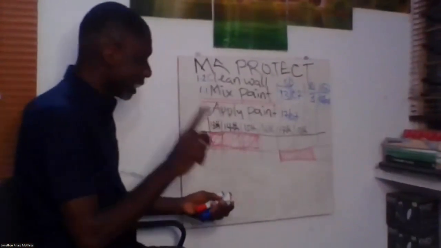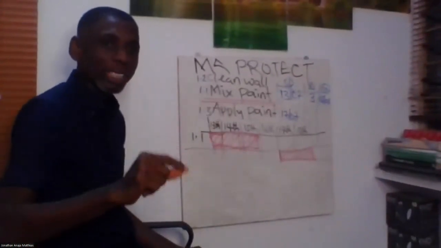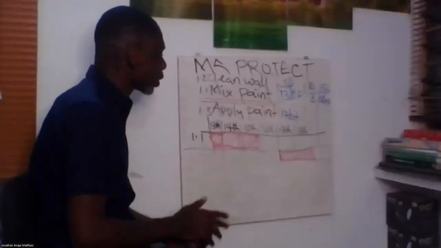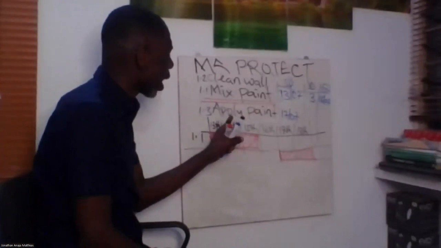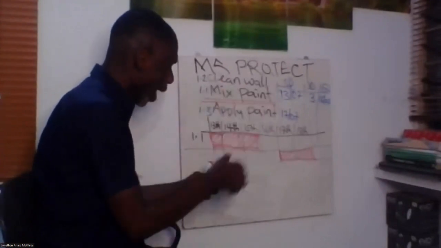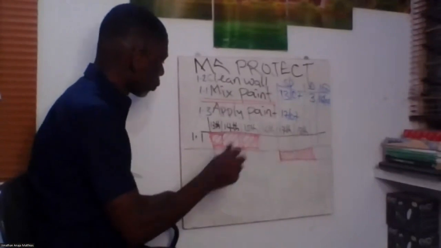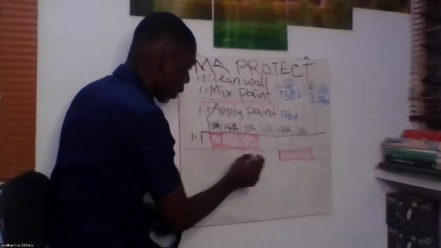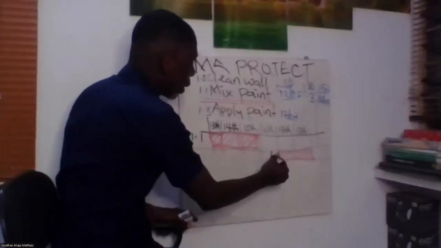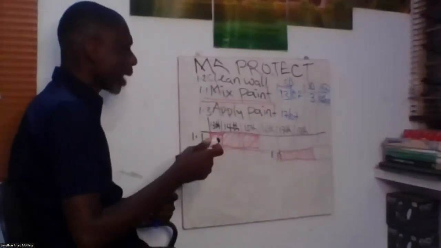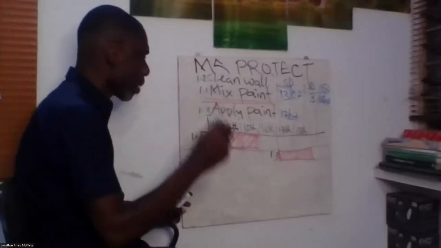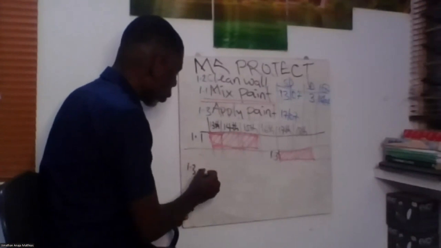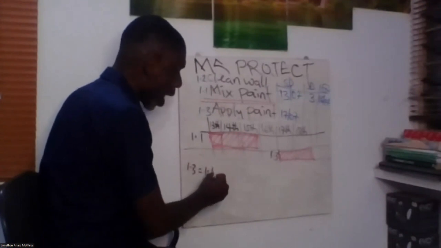Now, lead, this is what lead says. The amount of time a successor activity can be advanced. Is it possible to advance apply paint? So what do I do now? If I now want to relate 1.3, which is to apply my paint, to mixing my paint, I will say 1.3 will be equal to 1.1.